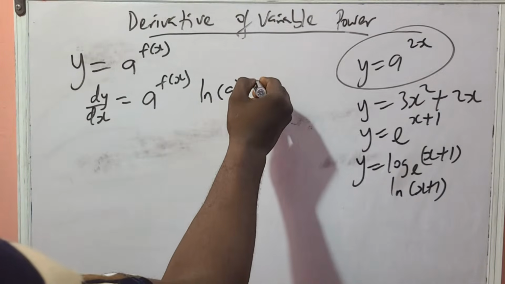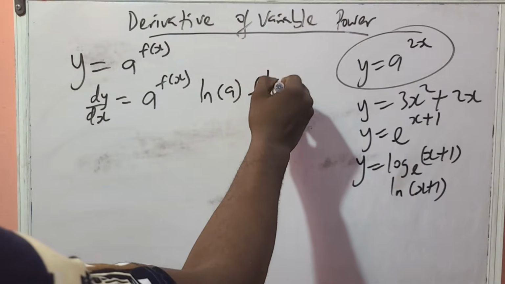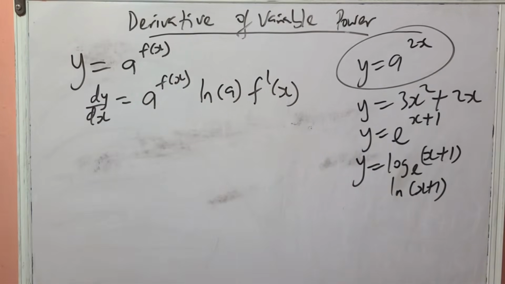Then go on to do the derivative of the power. This is what you have to always do. So once you do this, you always get the answer to any question that has to do with variable power. So let's use y equals a raised to power 2x as a very beautiful example.